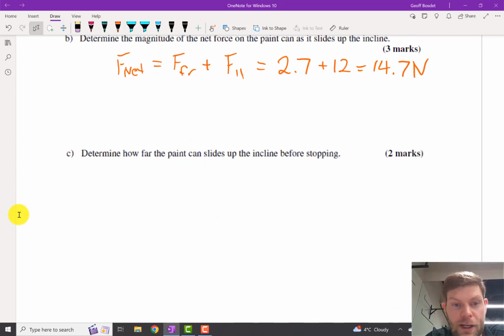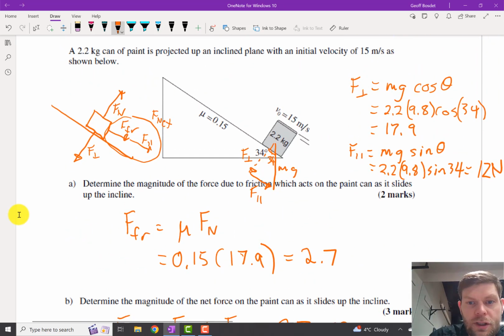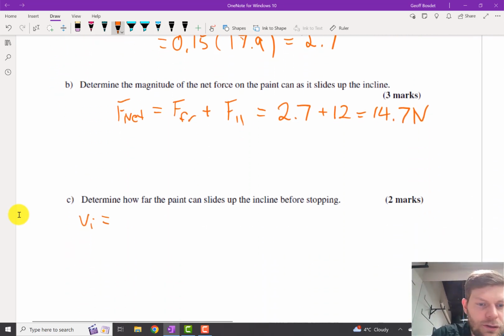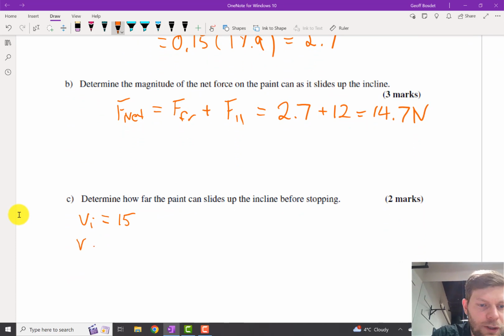And we don't know how far the paint can slides up before stopping. So I bet you, since we want to know distance, we've got initial velocity of 15, a final velocity of 0 because it's stopping, and we got to figure out A. A is kind of the bridge between our forcey stuff and our kinematic stuff.